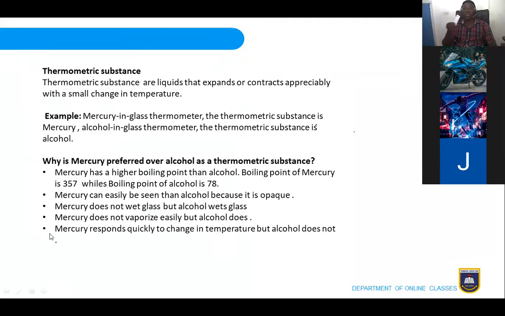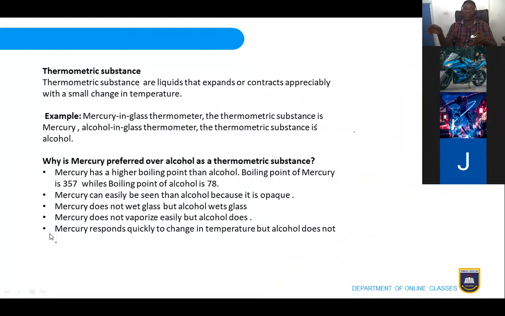But with mercury, as you determine the temperature of a body, if you shake the thermometer, all the mercury will be drawn back. You can use it to determine the temperature of another body, and its response is quick to a change in temperature. You can use it to determine the temperature of a cool body, a warm body, a body that is very, very, very hot. It will respond quickly to that change.